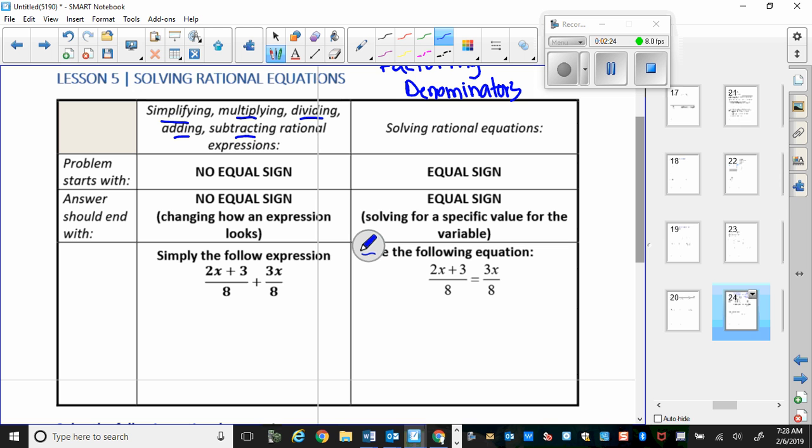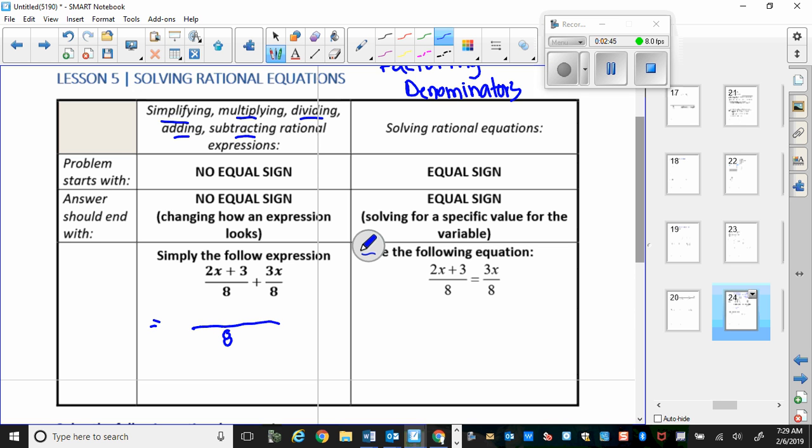So, simplify the following expression: 2x plus 3 over 8 plus 3x over 8. We're adding rationals, so we make sure our denominators are the same, and they are. That's 8 on the bottom.